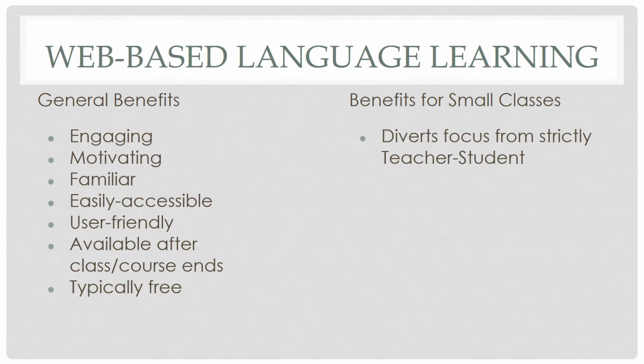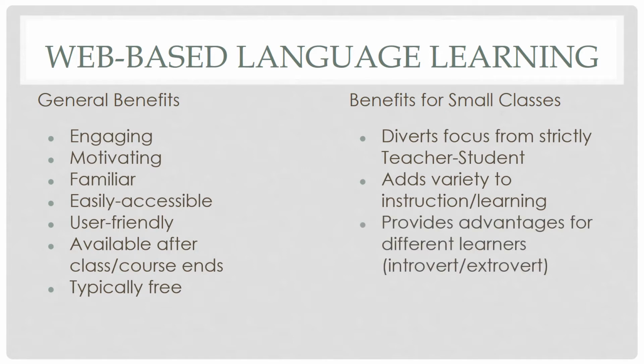There are specific benefits for small classes in particular, one being that it can divert focus from the strictly teacher-student dynamic. With a group of 3 to 5, it's very easy for students to get bored with the teacher and vice versa. So incorporating technology can add variety and offer more opportunities to engage your students.